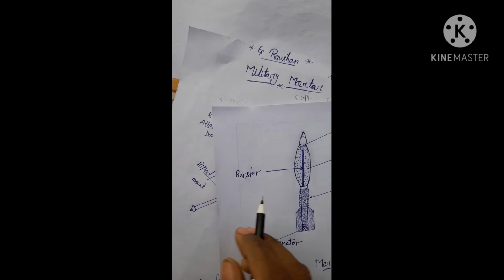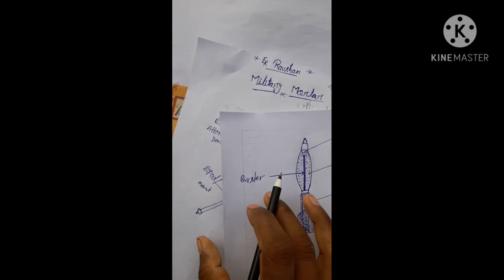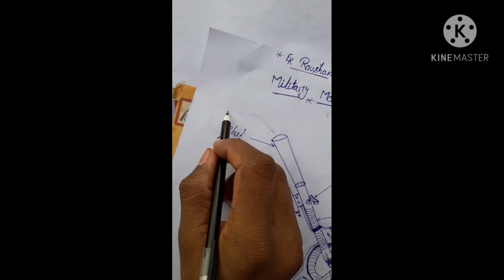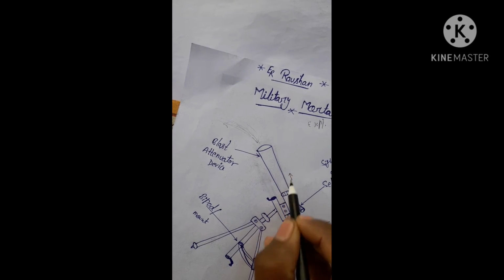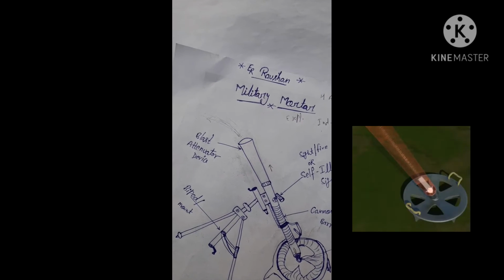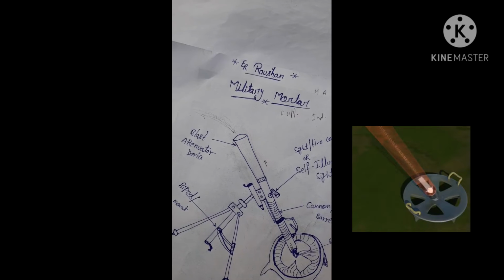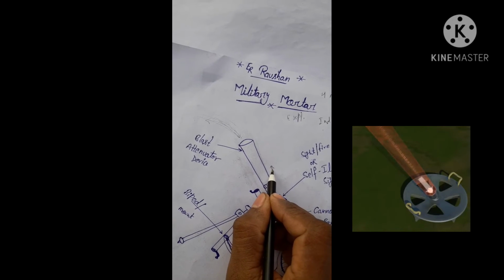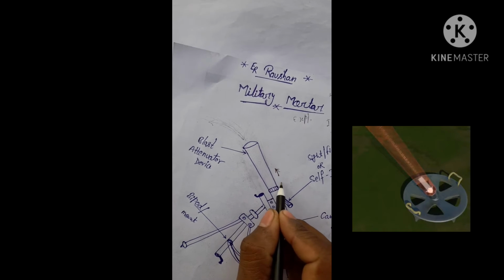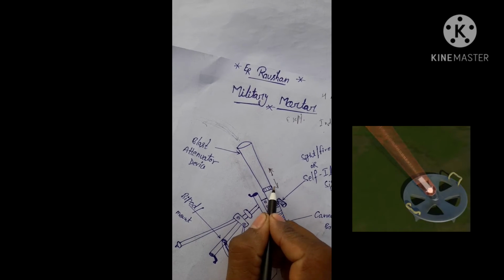Due to high gases, this mortar shell goes outside this barrel, and you know the action, Newton's third law, action has equal and opposite reaction. So if this mortar shell goes outside, then it also has a reaction like this.